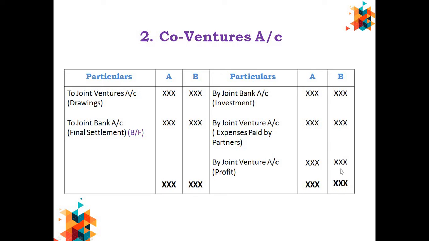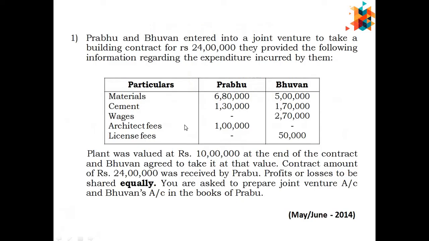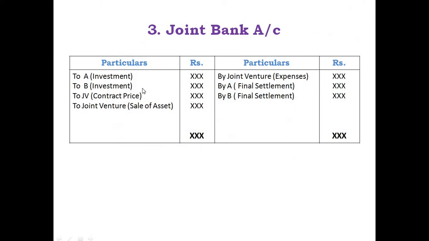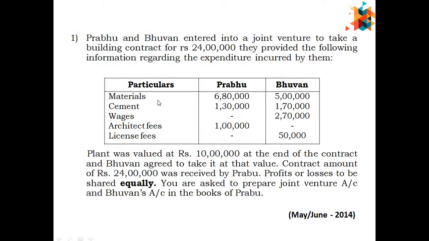I have assumed here the credit side is more, so the balancing figure you are supposed to write here. Let us move to the third account. The third account is also very simple. Wherever you have written bank in the previous accounts, the opposite side you are supposed to take here. Very simple format. So let us see a problem now.